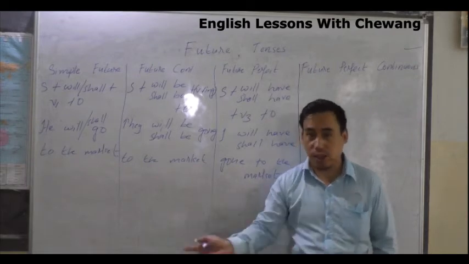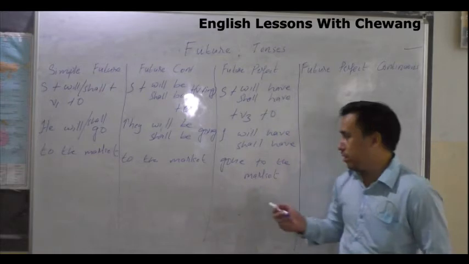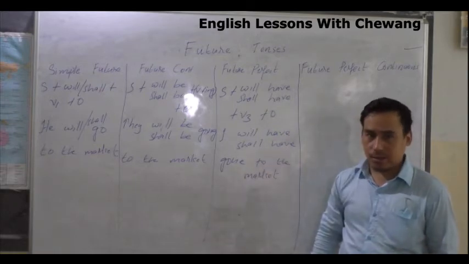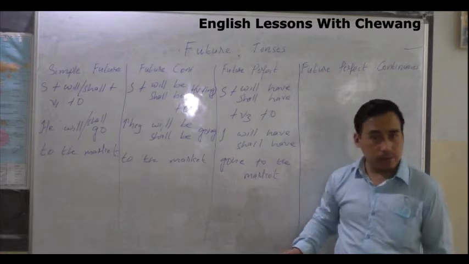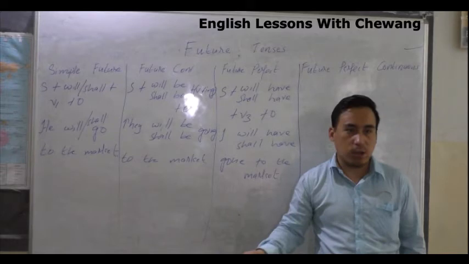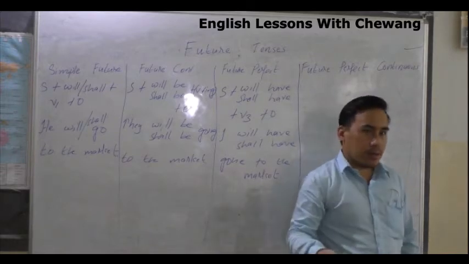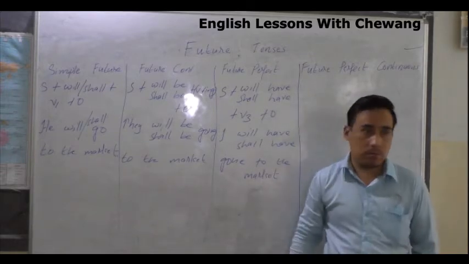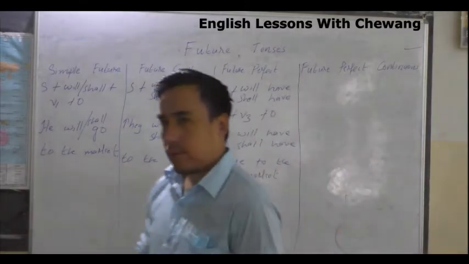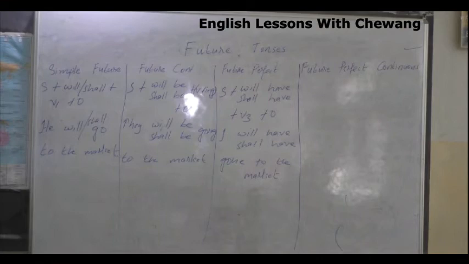If we are to change it, will he have gone to the market? Not has. Okay. Will he have gone to the market if I were at home? Will he have done his homework had I told him to do it? Alright, okay. Clear? It's easy, right? It's very easy.